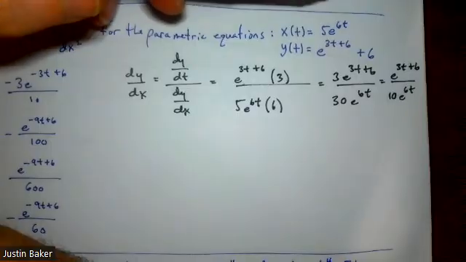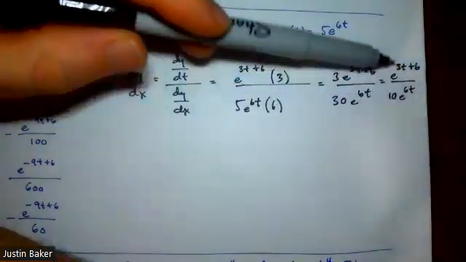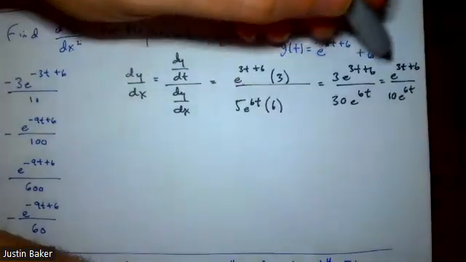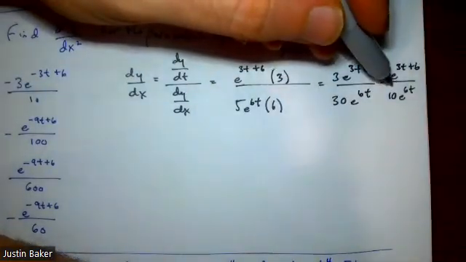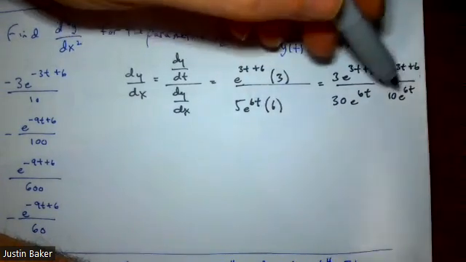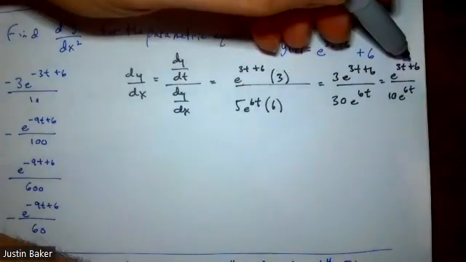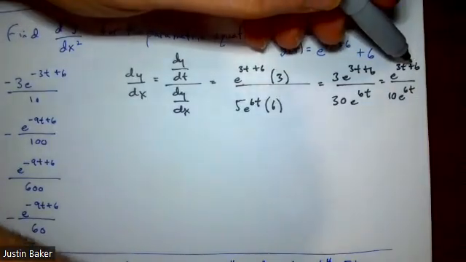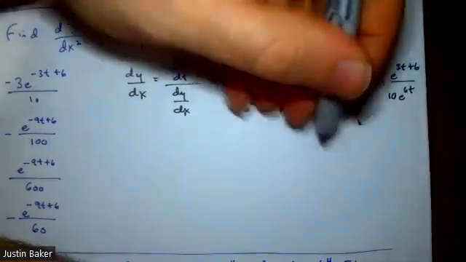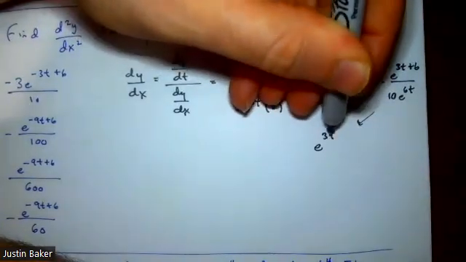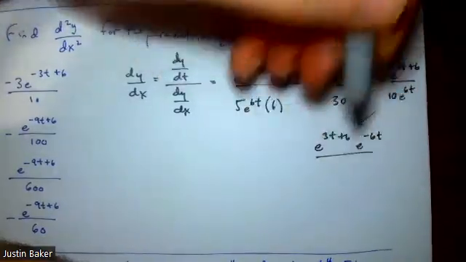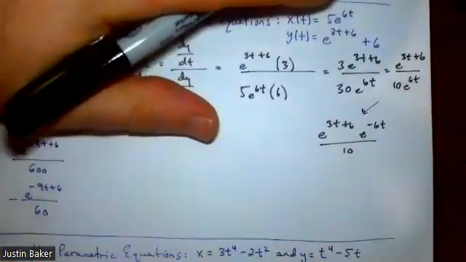Okay, so now you have some options here in terms of what you could do. I don't think anything's wrong with that. But if you wanted to try to clean this up and make this a little easier, we could flip this e to the 6t upstairs. If we flip that e to the 6t upstairs, that would be e to the 3t plus 6, e to the negative 6t over 10.